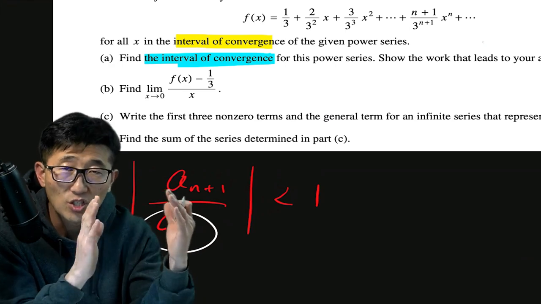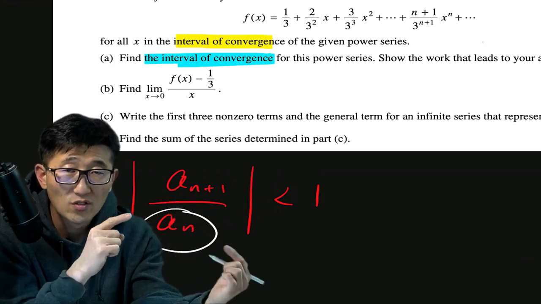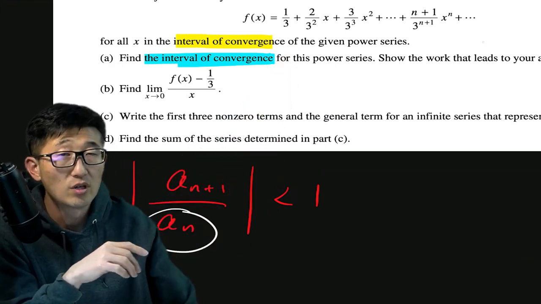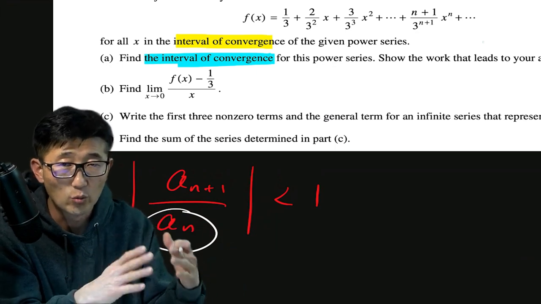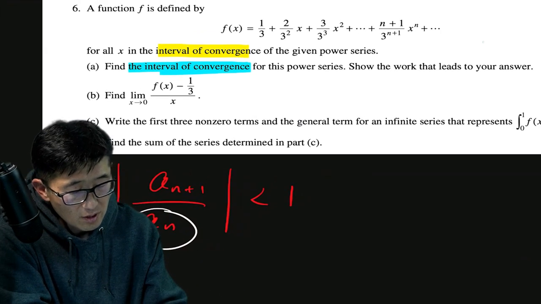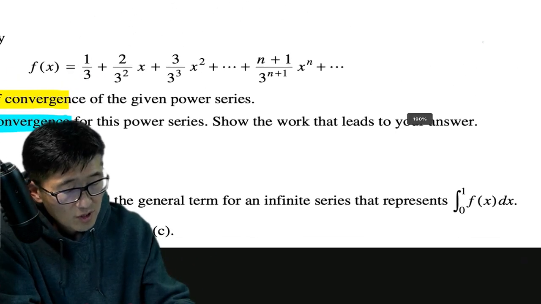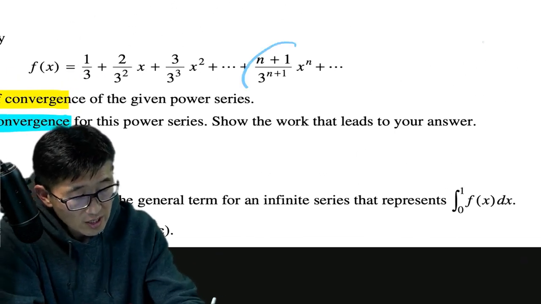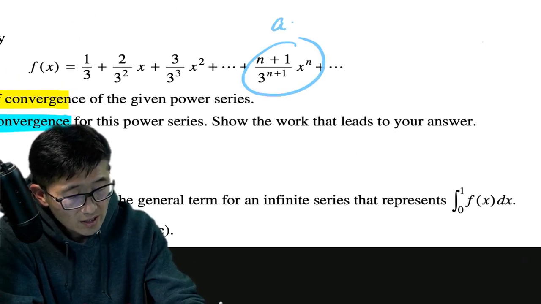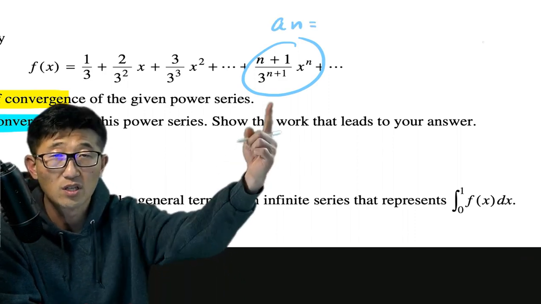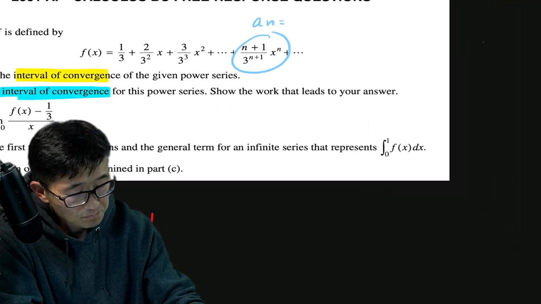Now, there's a certain set of x values for which this function will diverge and converge, so we need to figure out what those are. Let's utilize this. This right here, you should recognize, is going to be your a_n, because that's basically going to define your next term over.